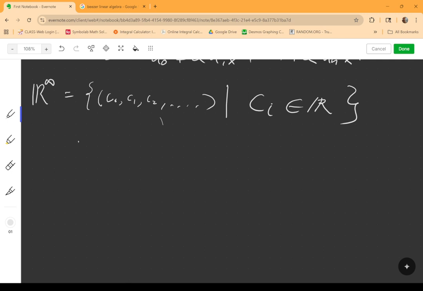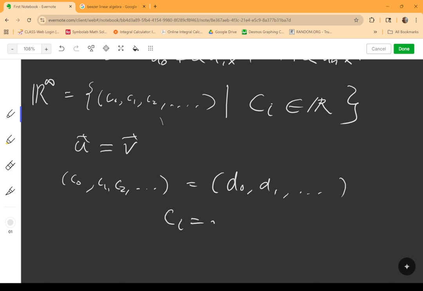If u equals v, it means that, element-wise, c sub i equals d sub i for all i greater than or equal to 0.